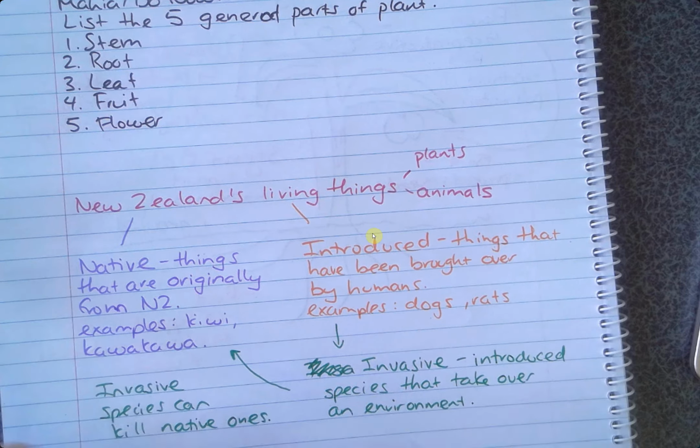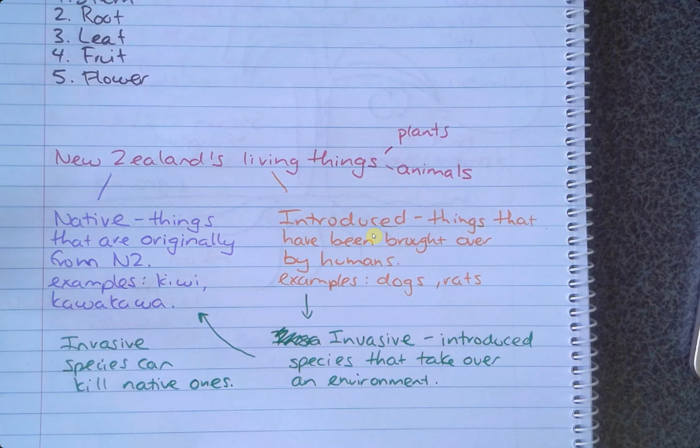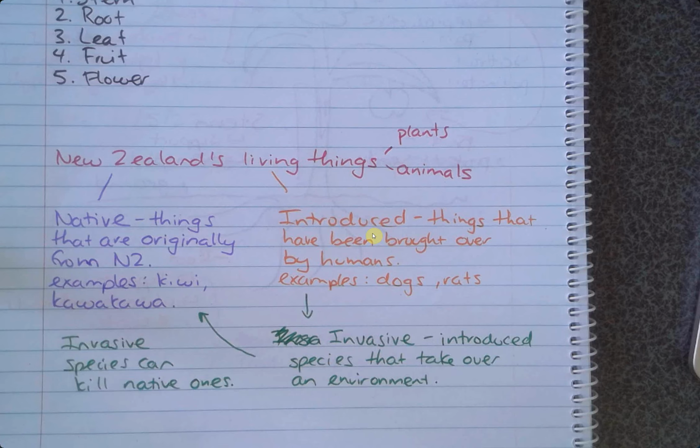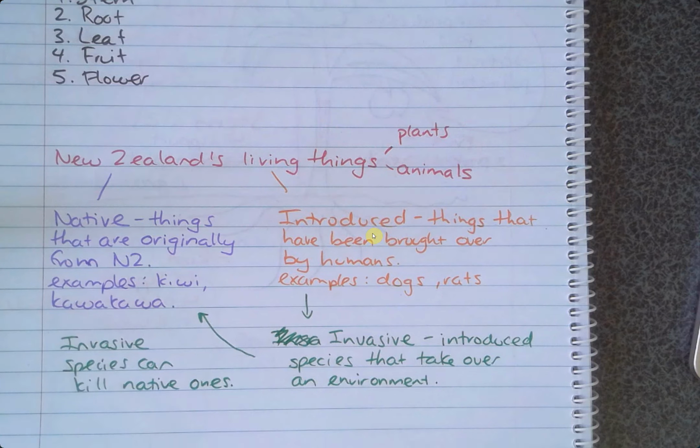Sometimes they are invasive because they compete for the same resources and use them up. So if I have an invasive plant, it's growing and taking up all the sunlight, taking up all the water from the native ones.